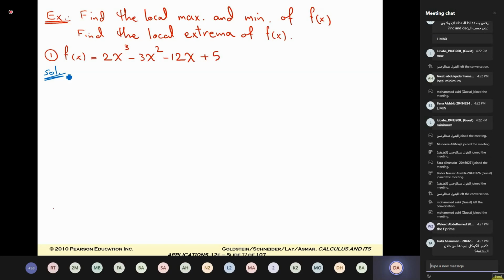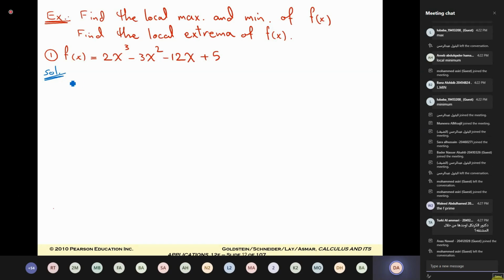Find firstly f prime to find the critical point. Okay, f prime equal 6x squared minus 6x minus 12 equal 0.